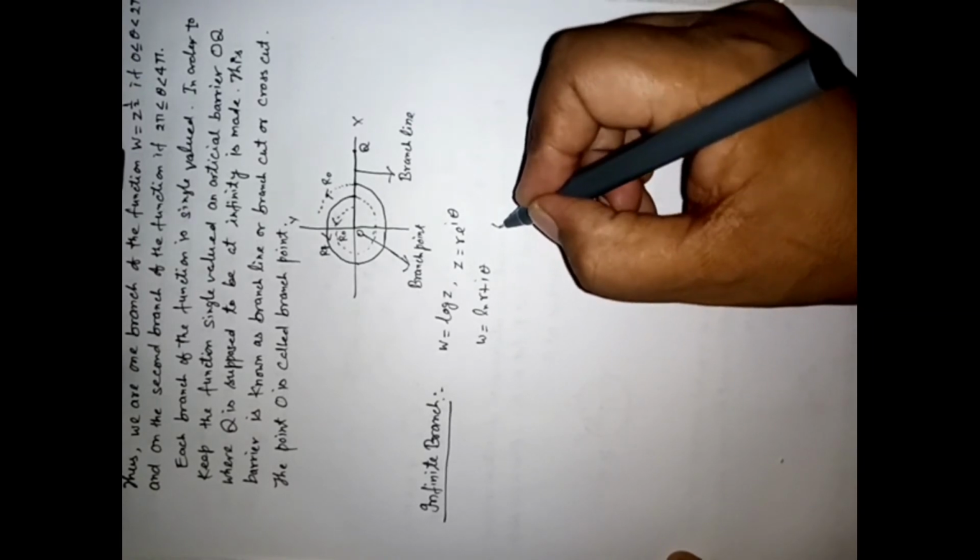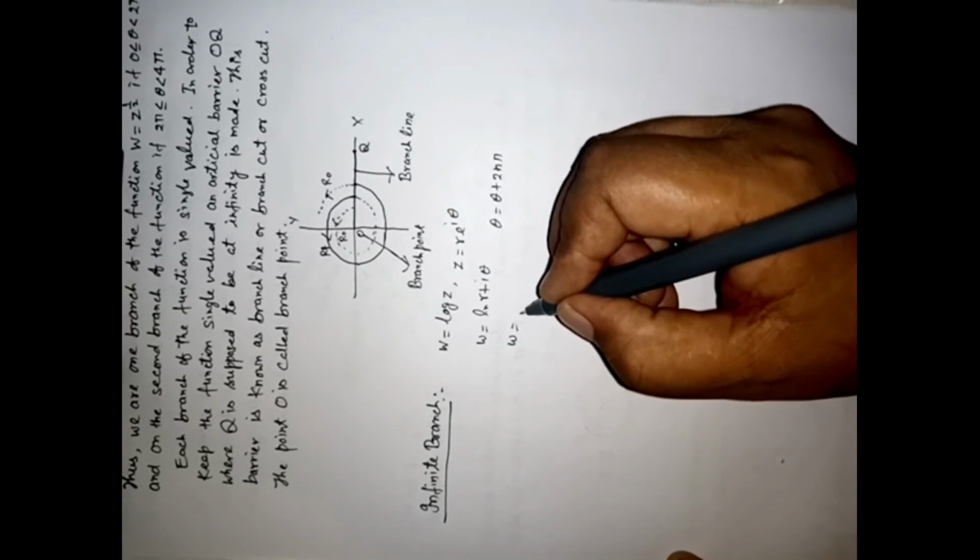For general value, if we replace theta by theta plus 2n pi, then we write w is equal to ln r plus i theta plus 2n pi i.